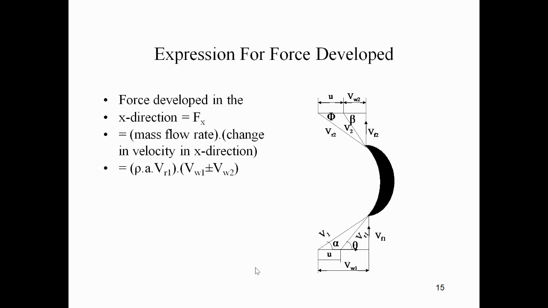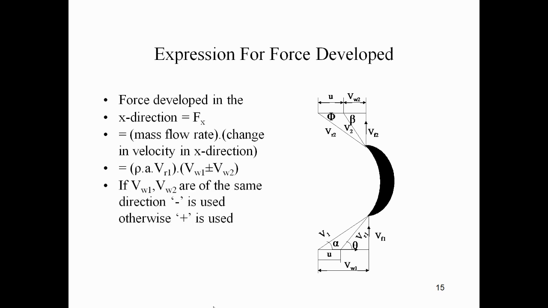Already we have seen the formula: rho a VR1 into VW1 plus or minus VW2. This formula is obtained from the velocity triangles.